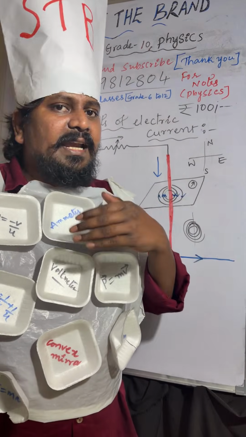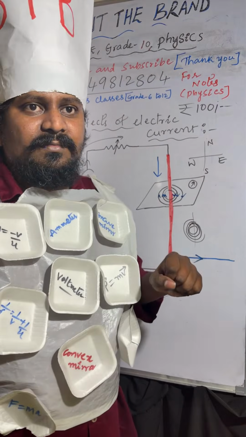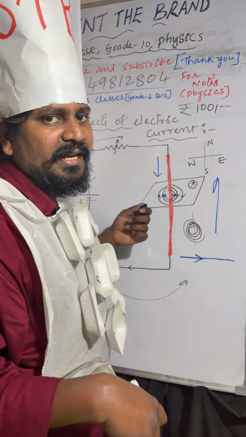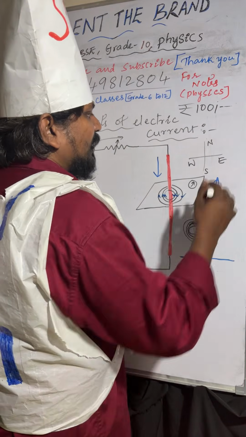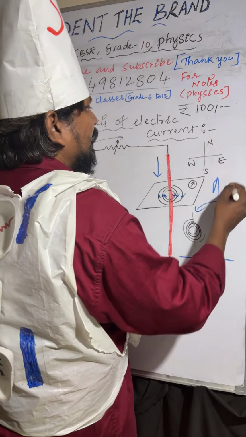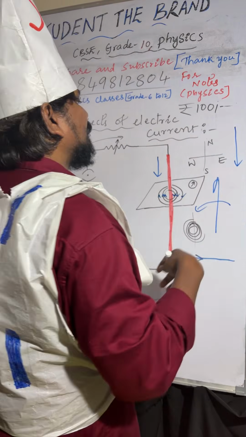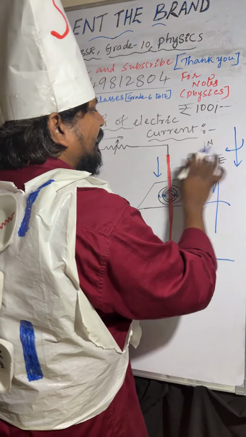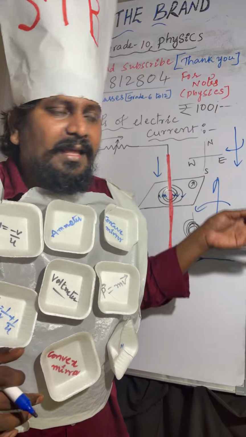Suppose the current is passing from south to north, how will the magnetic field direction be? East to west. Now if the current is passing from north to south, you can observe here: if you consider the board as a plane, then you can identify.